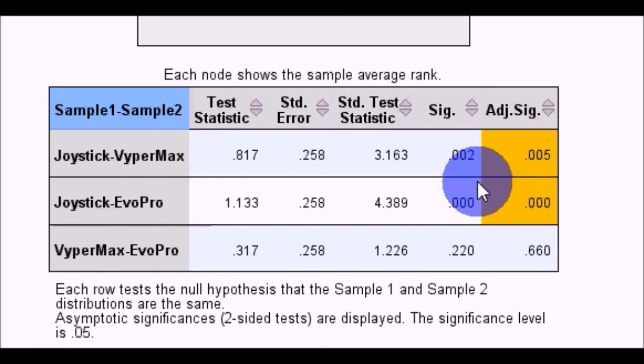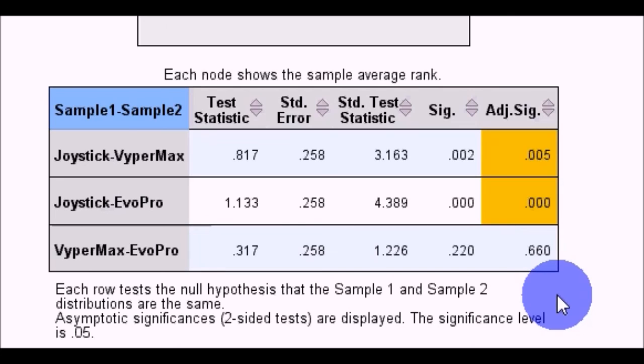Now, just finally going back to these post-hoc tests, you'll see that we've also got a standardized test statistic, which is also a Z-score for each of these. Now, what you can do, and you can do this with the Mann-Whitney U test that we looked at before, or you can look at these comparisons, you can use this Z-score to calculate an effect size.